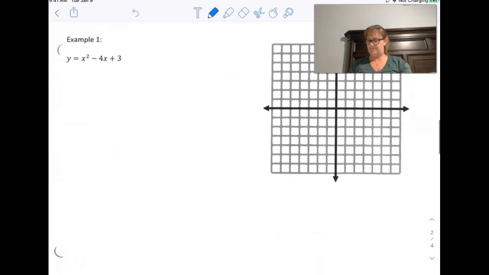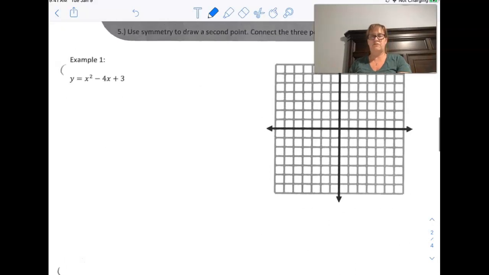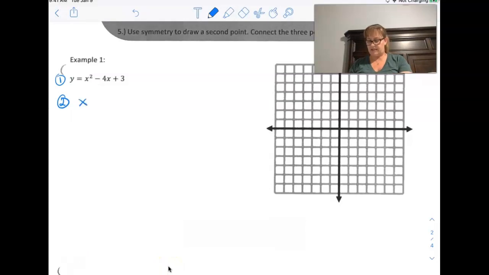Okay, here's example 1. Step 1, put it in standard form. Well, y equals ax squared plus bx plus c. This is in standard form. Step 1, done. Step 2, find the vertex. So the first thing we have to do is find our value of x. We find our value of x by the formula negative b over 2a. Well, our b in this equation is a negative 4.